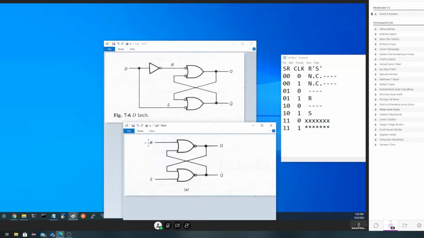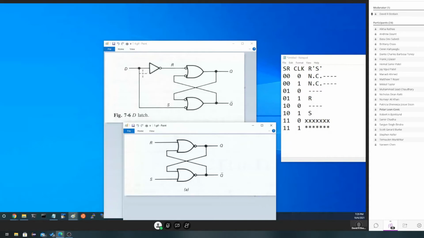Instead of having 4 states, right, 0,0, 0,1, 1,0, or 1,1, why don't we combine R and S into a single signal called D, which has them being always opposite each other? If S is a 1, R will be a 0. If S is a 0, R will be a 1. The D signal is really RS combined in such a way that R and S are always opposite each other.